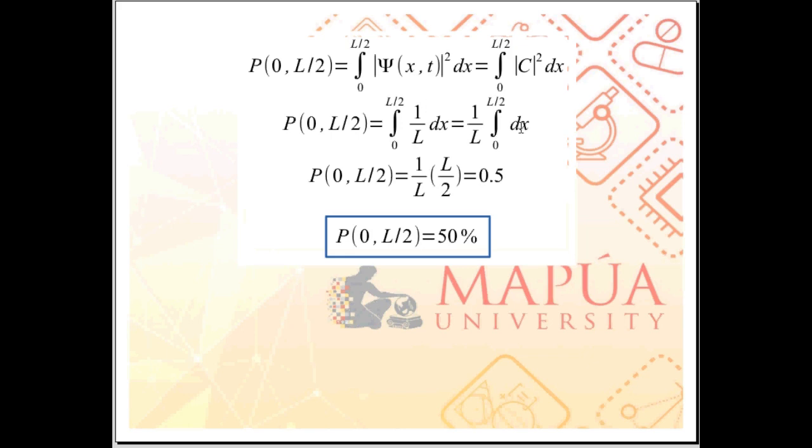We are just integrating dx from 0 to L over 2. That will give us 1 over L times L over 2. Cancel out L, leaving us with 0.5. The probability of finding the particle in the left side of the tube is 0.5, or 50%.